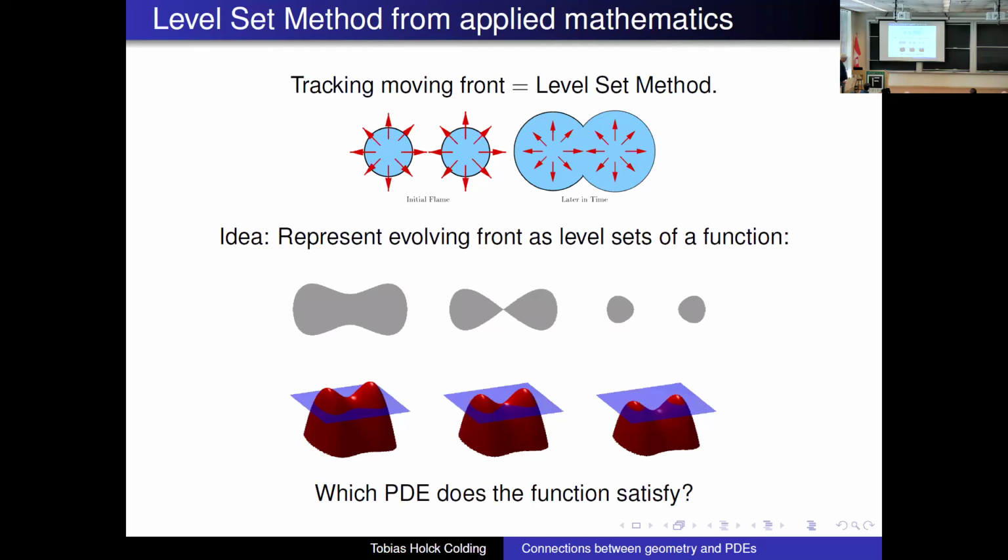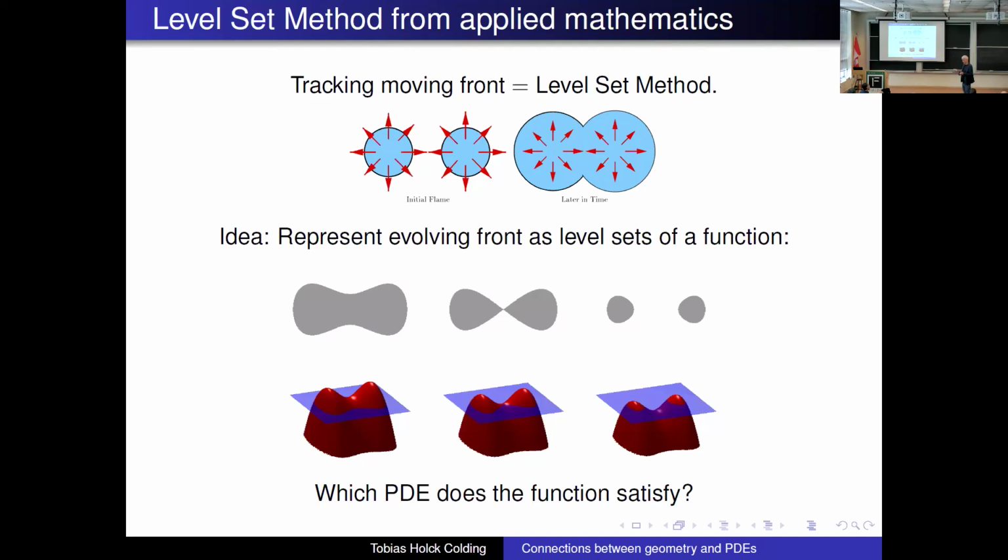In this method, you have this surface, let's say it's in R3. It doesn't need to be in R3; it could be a hypersurface in any Euclidean space. And you think about this hypersurface as the zero level set of a function.